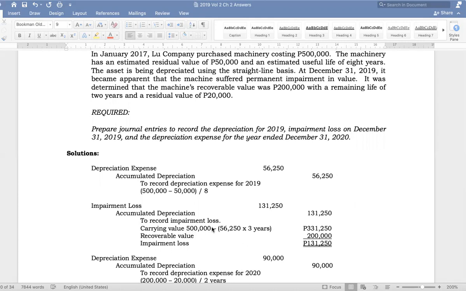So our carrying value is 500,000 minus the accumulated depreciation, which is 56,250 times 3 years. So deducting therefore this accumulated depreciation from 500,000, the carrying value of the asset is 331,250 before recording the impairment.